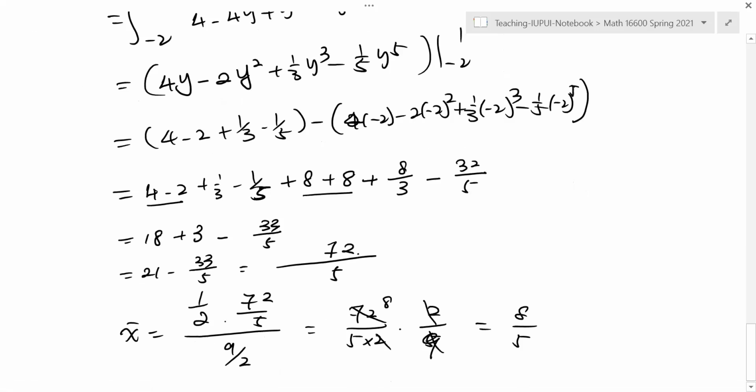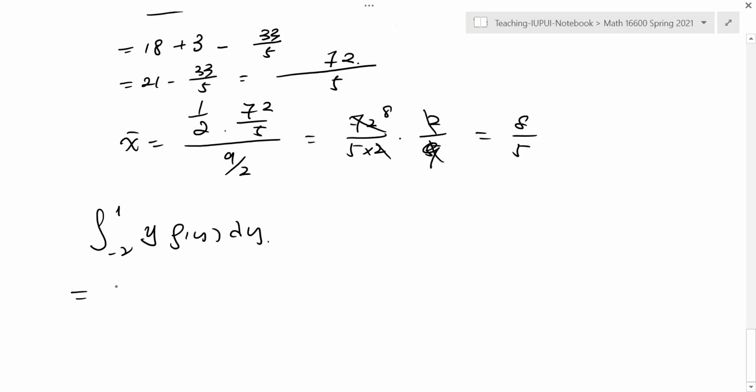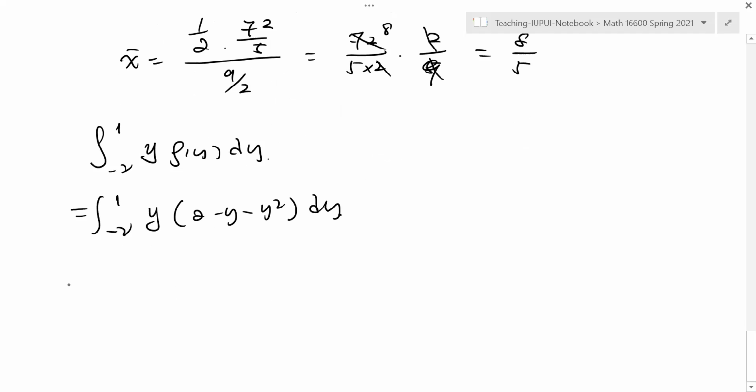We haven't got the y bar yet, so you have to evaluate y times the root of y. You wanted to get y bar, right? You have to evaluate this. And again, the computation is not simple.